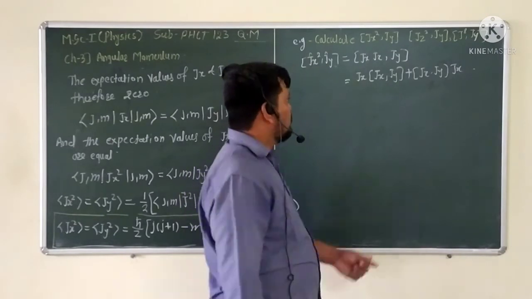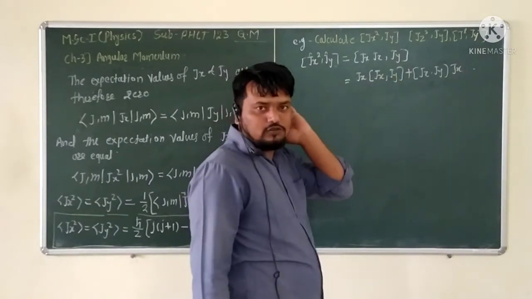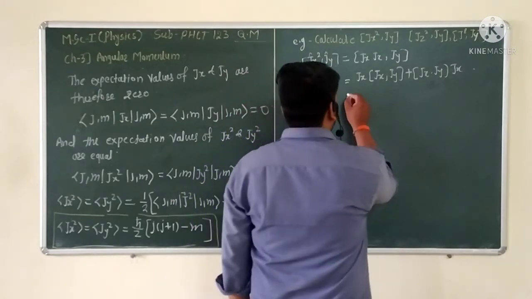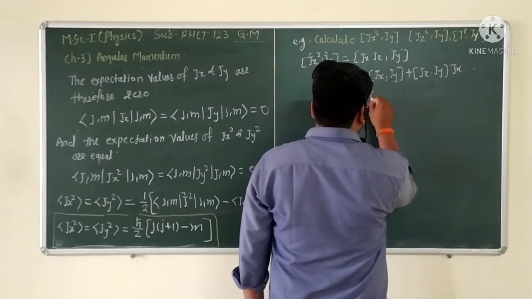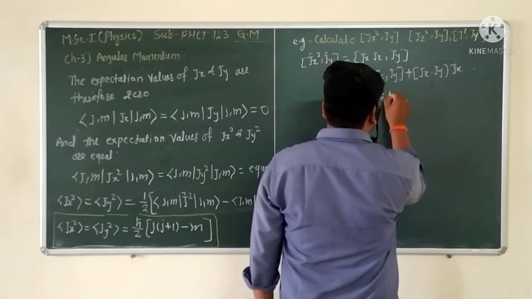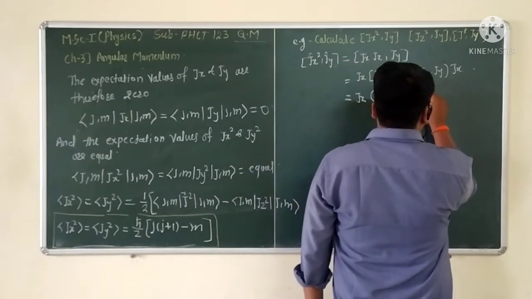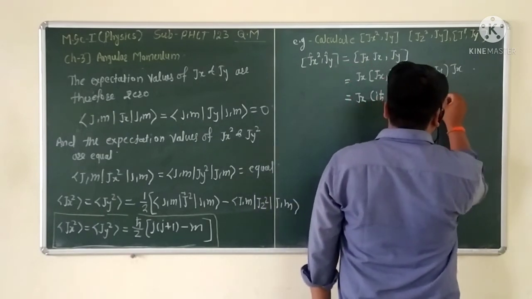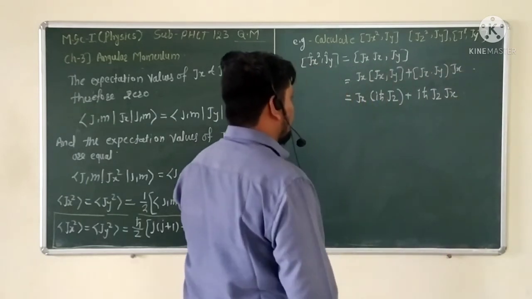You know that [Jx, Jy] is nothing but iħ Jz. So we obtain the commutation relation: Jx in bracket of iħ Jz, plus iħ Jz Jx.